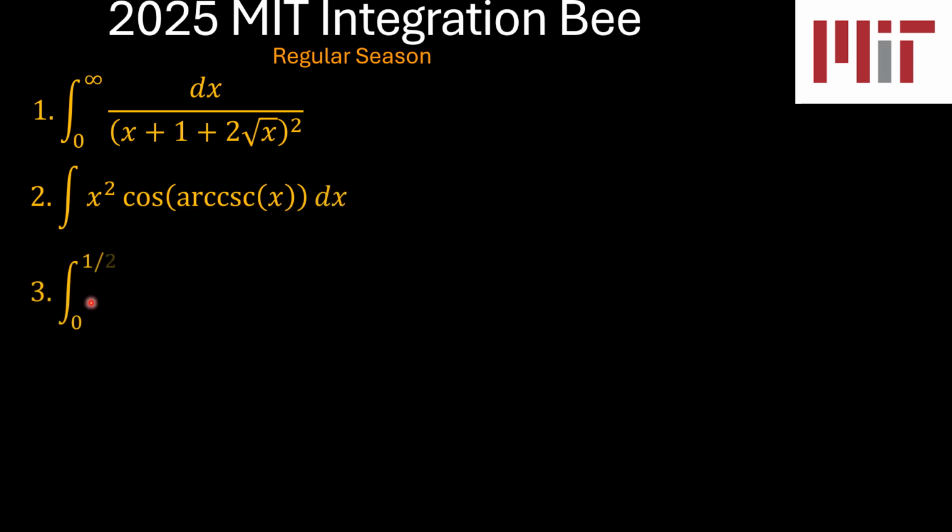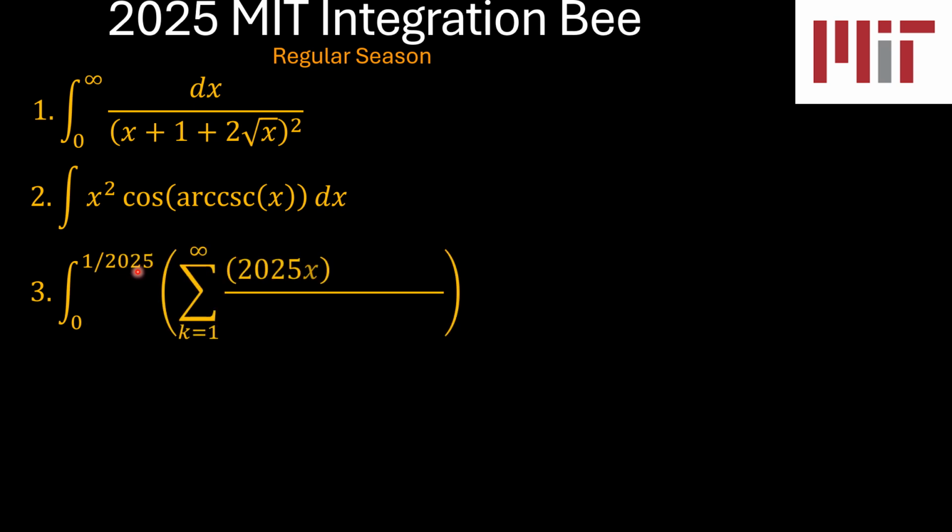Problem number 3, the definite integral from x equals 0 to x equals 1 over 2025 of the summation from k equals 1 to k tends to infinity of the kth term of 2025x times e to the power negative 2025x all over k factorial. And yeah, so this is interesting.